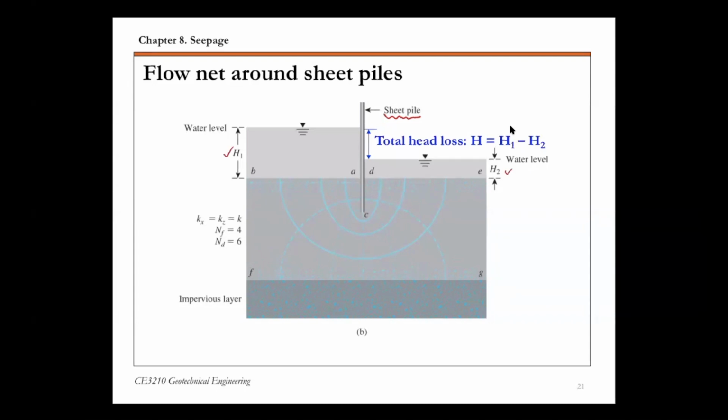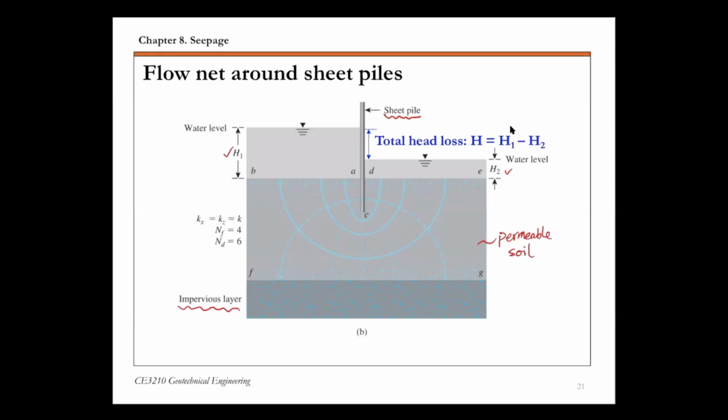Then we have this permeable soil layer, and that's where water seeps through. We also have this impervious or impermeable layer, and water cannot penetrate it. So water is going to flow through the permeable soil only.